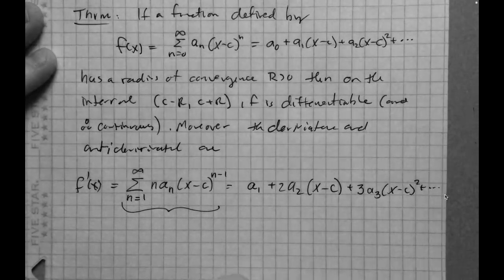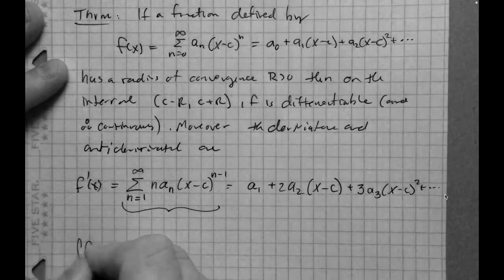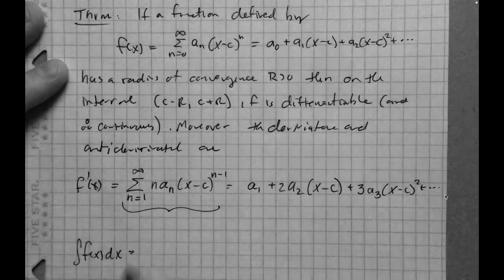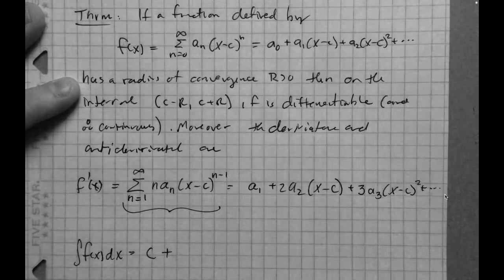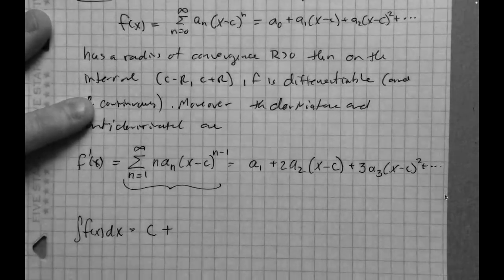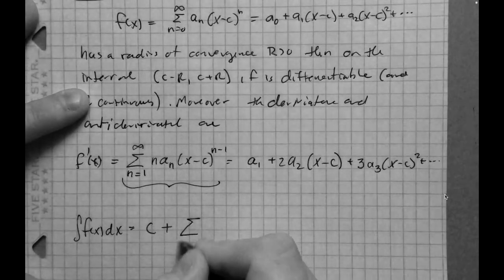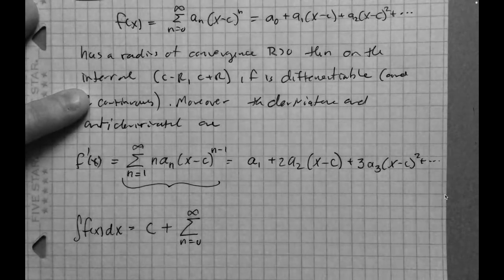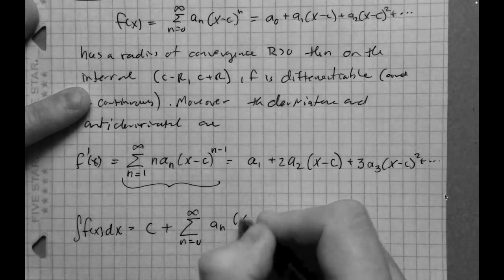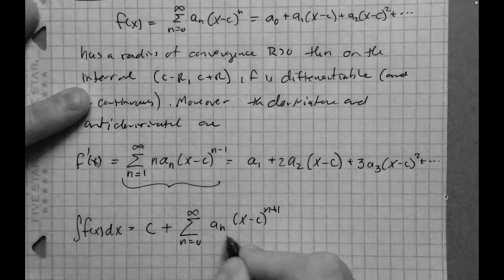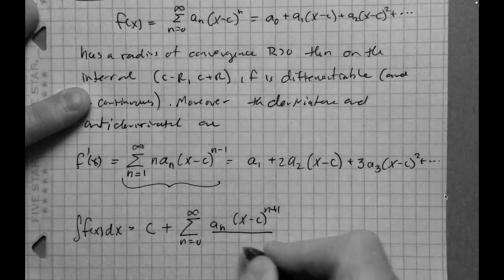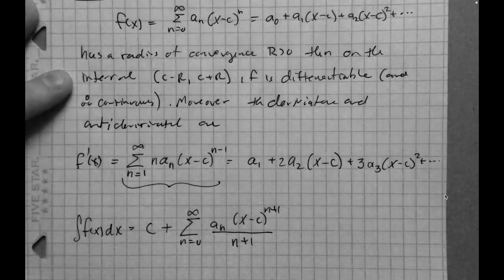Okay, what about the integral? The integral of f of x dx is going to be equal to c plus, there's a constant of integration there that we'll have to think about, and then the sum from n equals 0 to infinity of a sub n, which stays the same, times x minus c to the n plus 1 power, all divided by n plus 1.